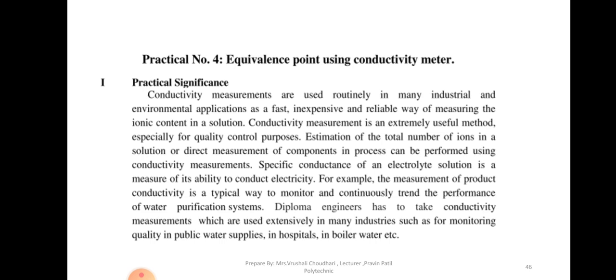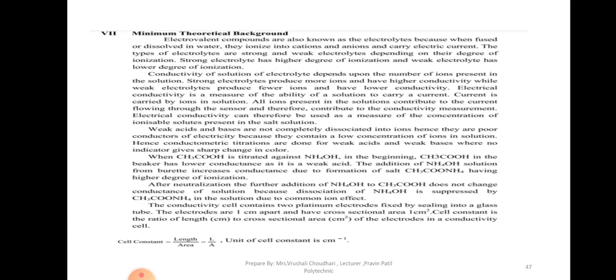We are using the conductivity meter to determine the end point of the titration of a weak acid and a weak base, which is not generally determined by using an indicator like phenolphthalein and methyl orange.